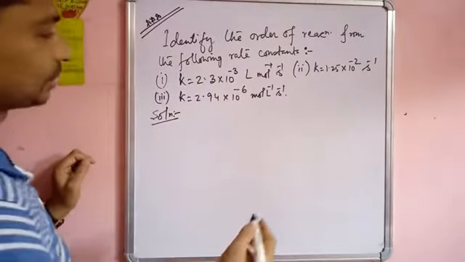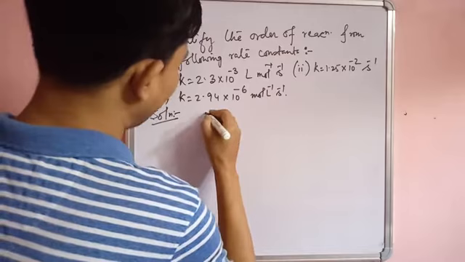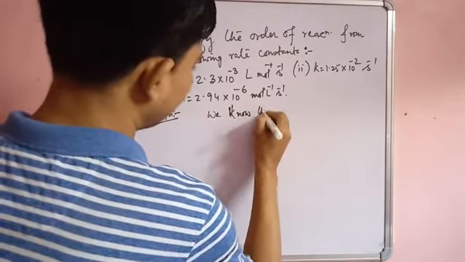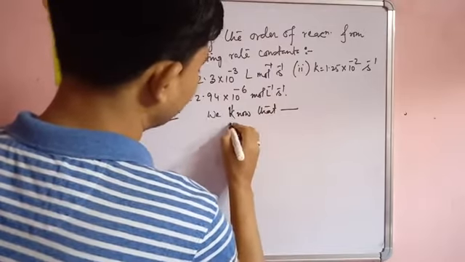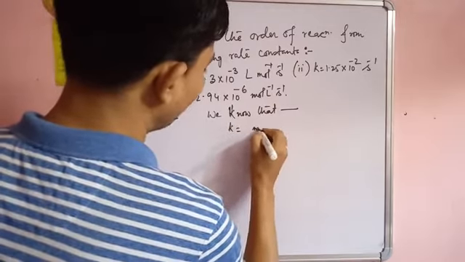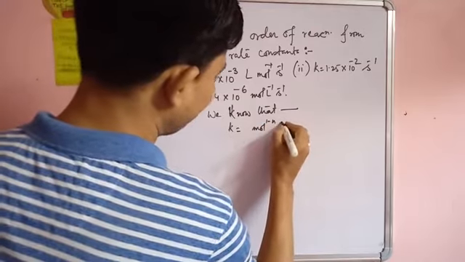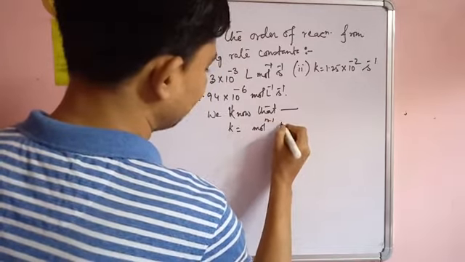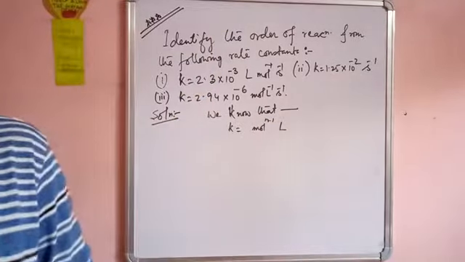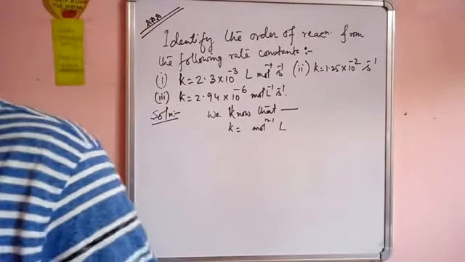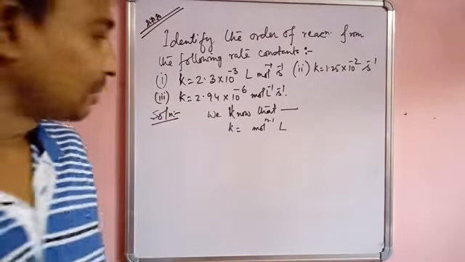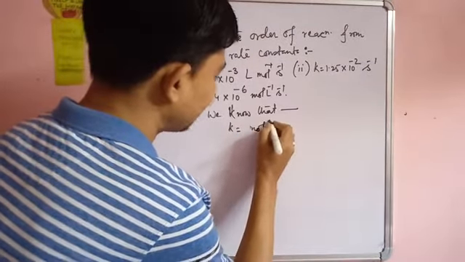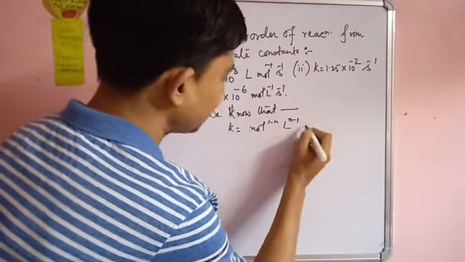We know that the value of rate constant is k equal to mole to the power 1 minus n, liter to the power n minus 1, per second.